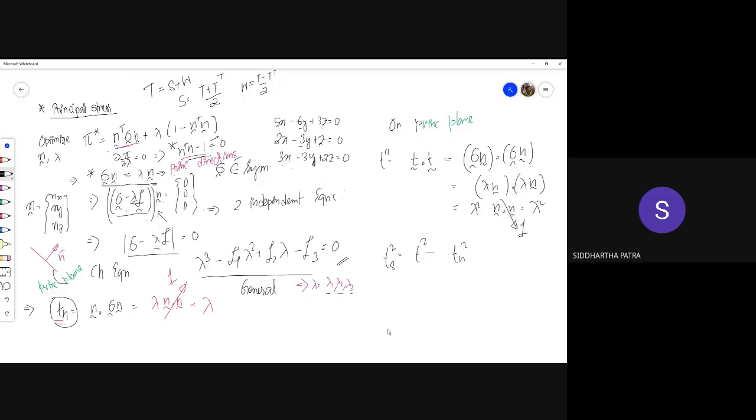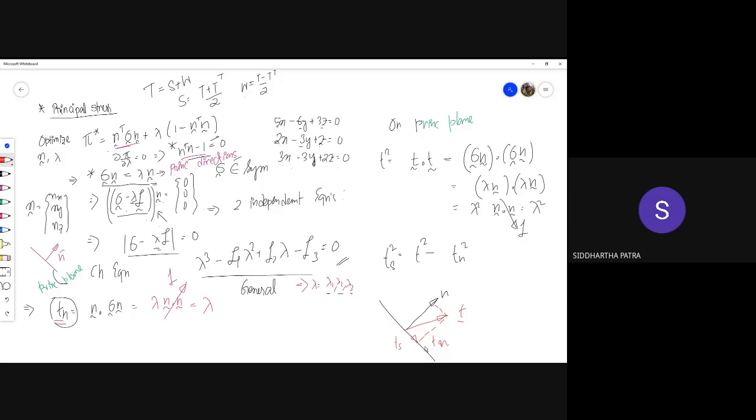Okay, now the shear component of the traction is essentially the magnitude of the traction minus the normal component. You see, imagine this is the plane at which you are cutting the geometry. This is the normal. Then let's say this is the traction. Okay, so it has two components. This part is your shear component, and this part is your normal component. And our whole job in this optimization problem was to get the maximum or minimum normal component.